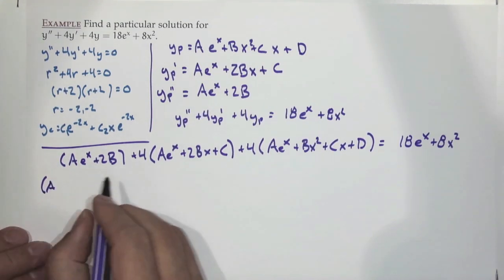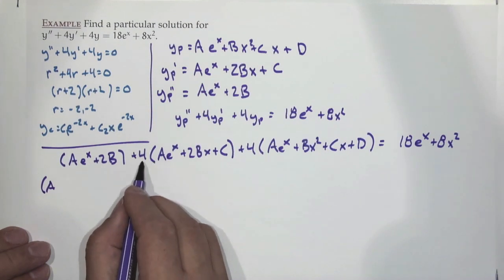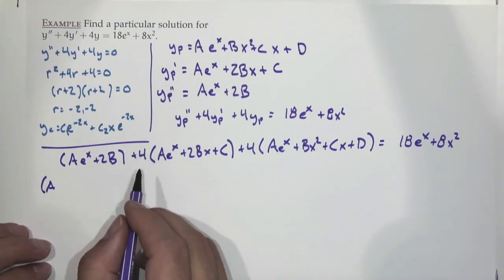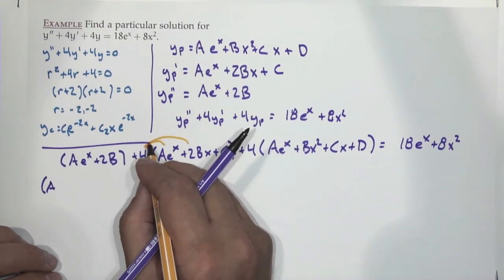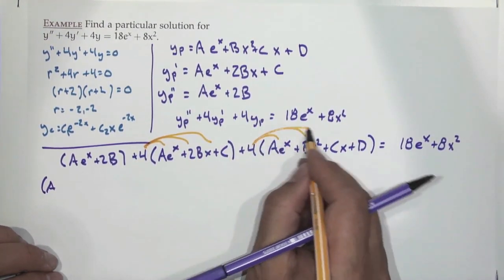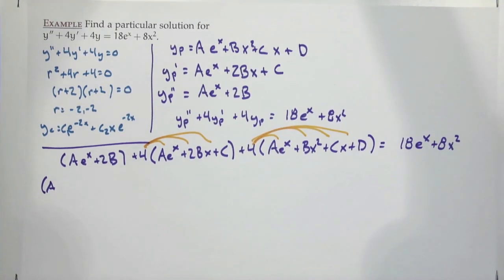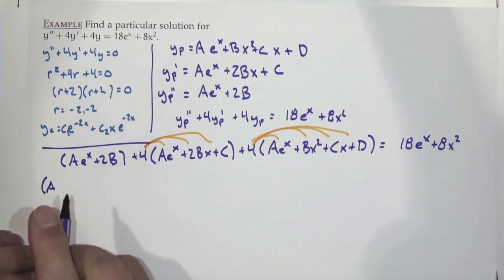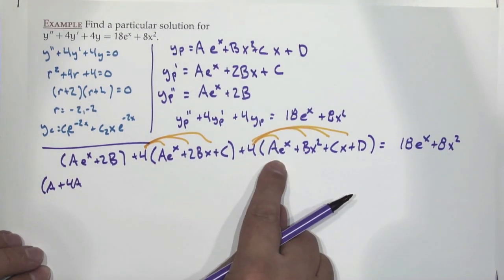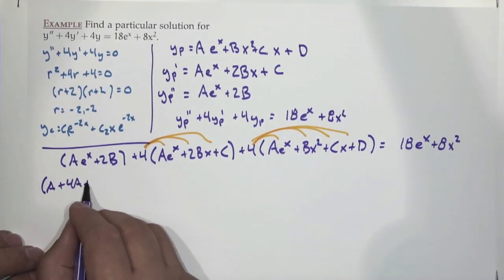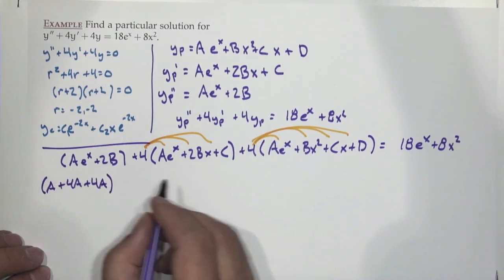An a, a 4a. Don't forget about the 4 in the front. Remember, parentheses are friends. We've got to respect them. And these things are going to distribute in. So we have an a, a 4a, and a 4a again.